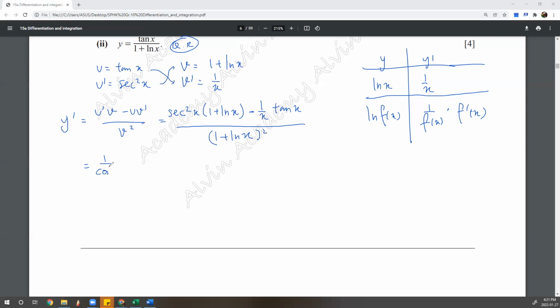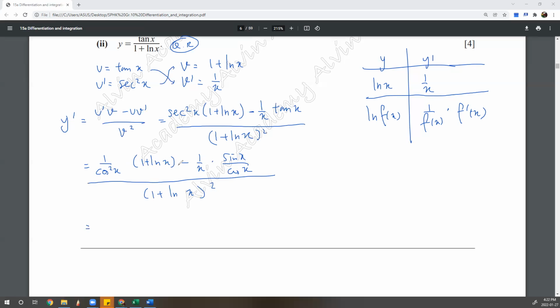Okay. But if you want to make sure, if you are OCD enough, to see sec square is 1 over cos square x, right? 1 plus ln x minus tan, okay, 1 over x times sine x over cos x, over, but I don't think it is necessary. But again, it will become like this when you face the multiple choice question.